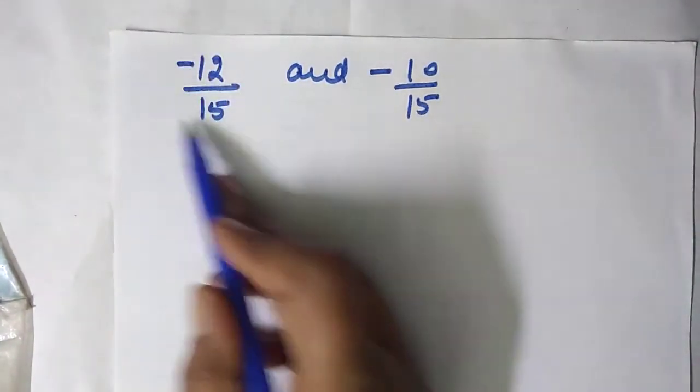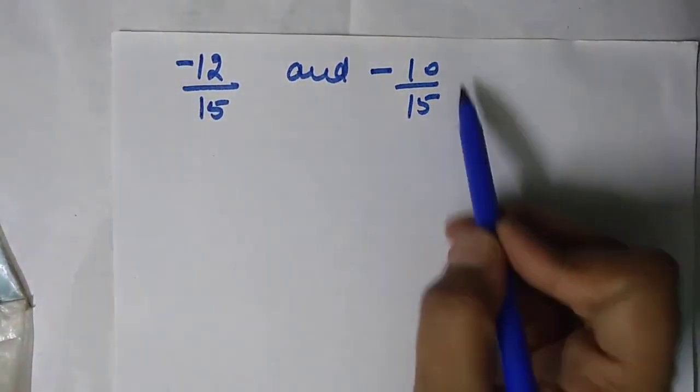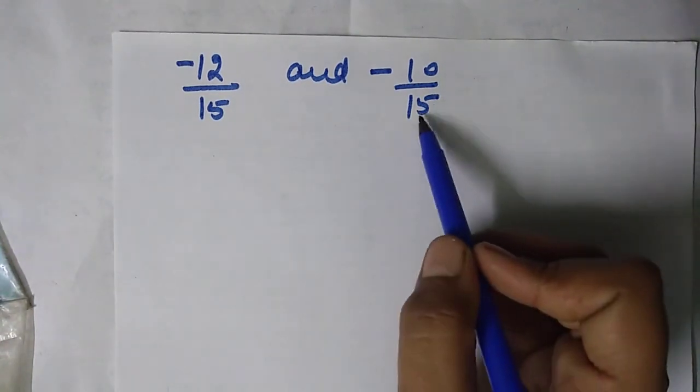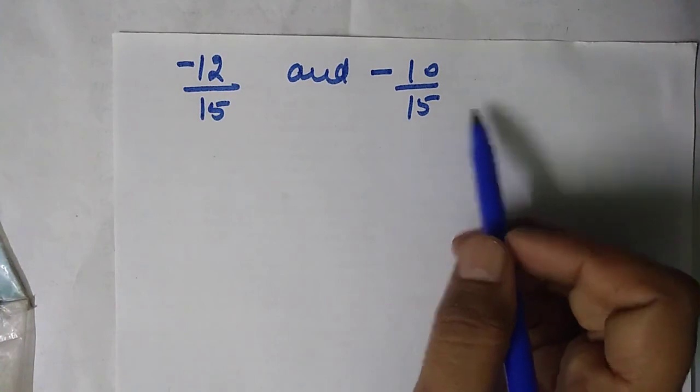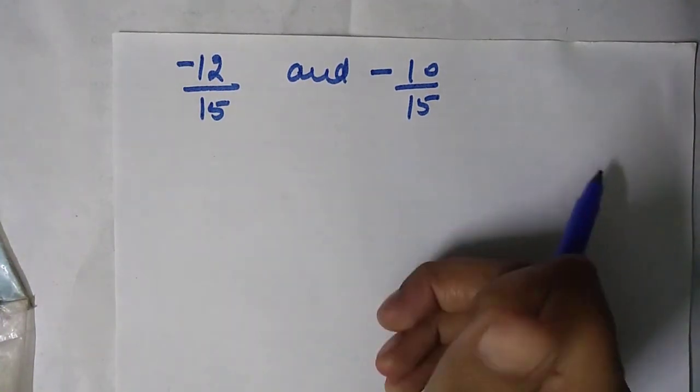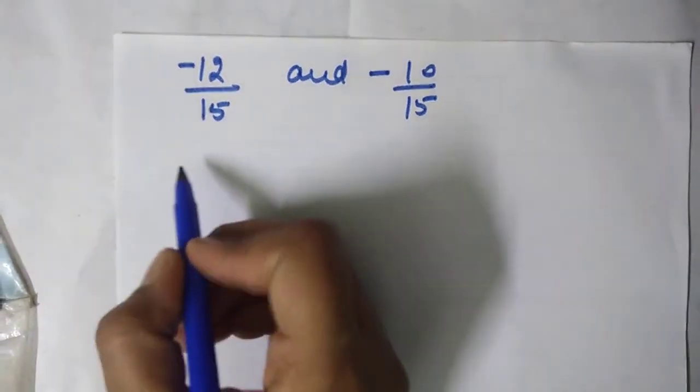So the first fraction is minus 12 by 15, and the second one is minus 10 by 15. Now, as I have to find 5 rational numbers, I have to take one more than 5, so I will follow the same steps.